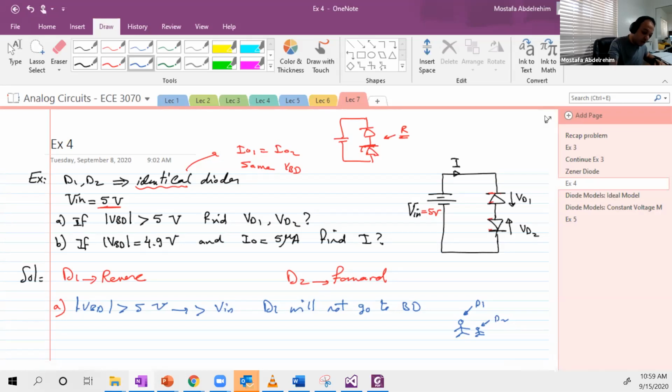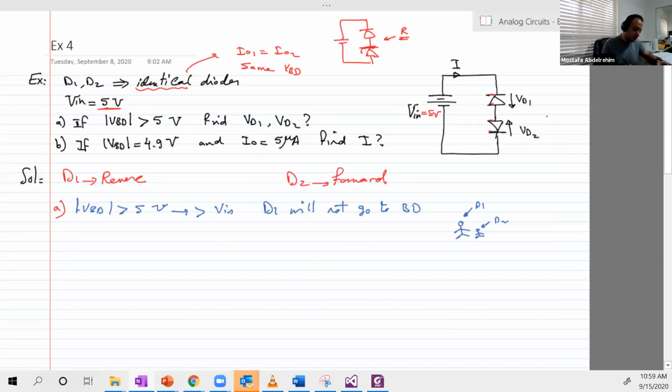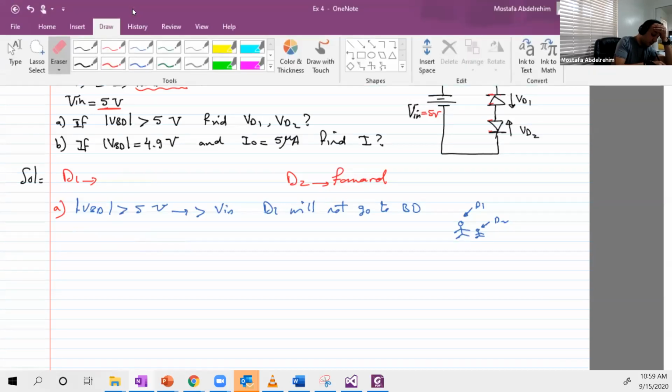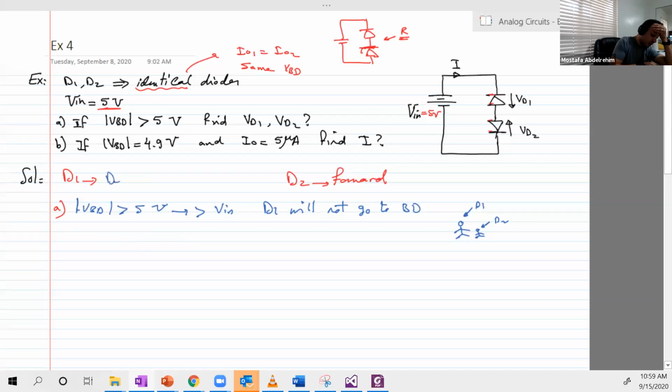So let's assume that D1 is in deep reverse, not breakdown.